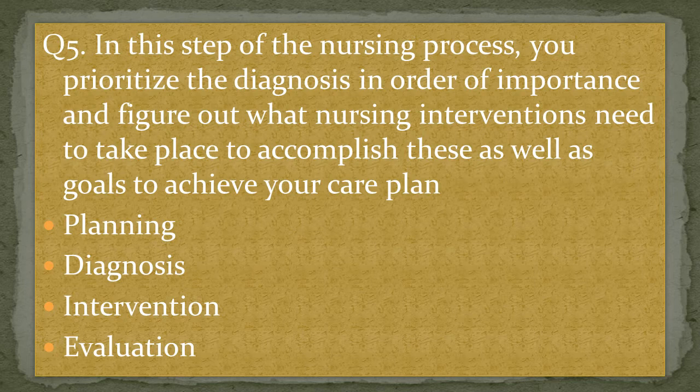So in the planning step we prioritize the diagnosis in order of importance and figure out what nursing interventions need to take place to accomplish these as well as goals to achieve your care plan. So option A is the correct one.